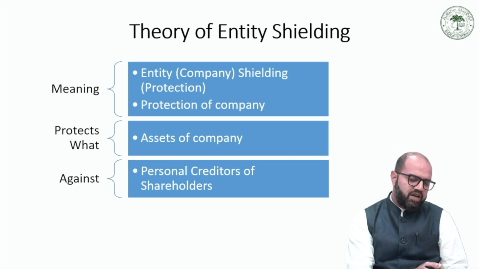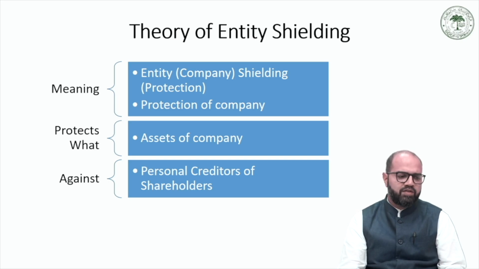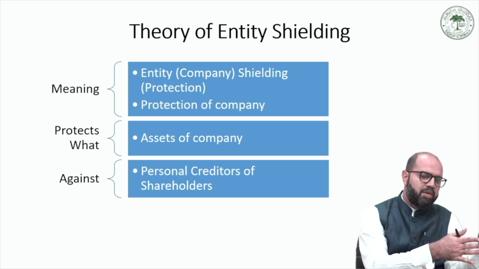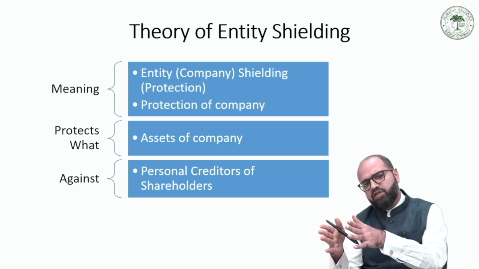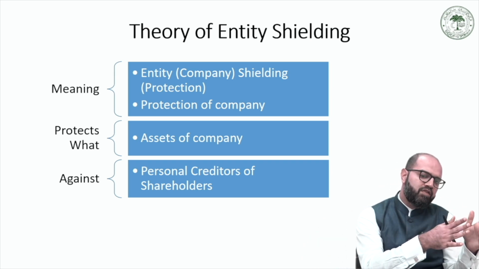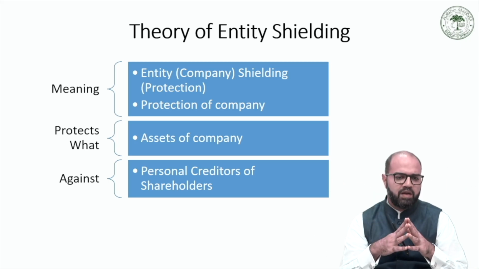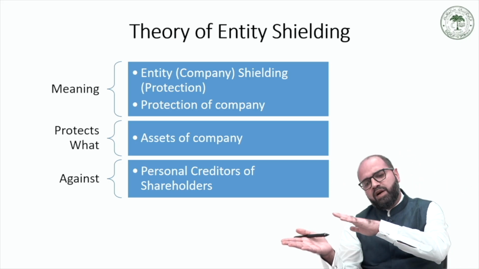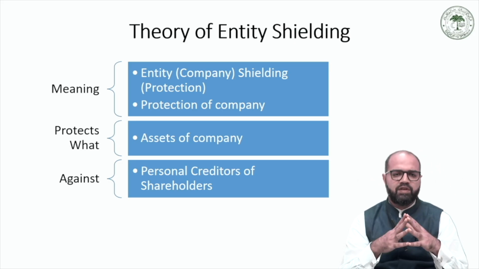So this is a protection that is given to a company against the personal creditors of the shareholders by making a clear demarcation between the personal liabilities of the shareholders and the liabilities of the business of a company. So the personal liabilities of the shareholders do not become the liabilities of the company, and in the same way the liabilities of the company do not become the personal liability of the shareholder, as we learnt in the theory of owner shielding.